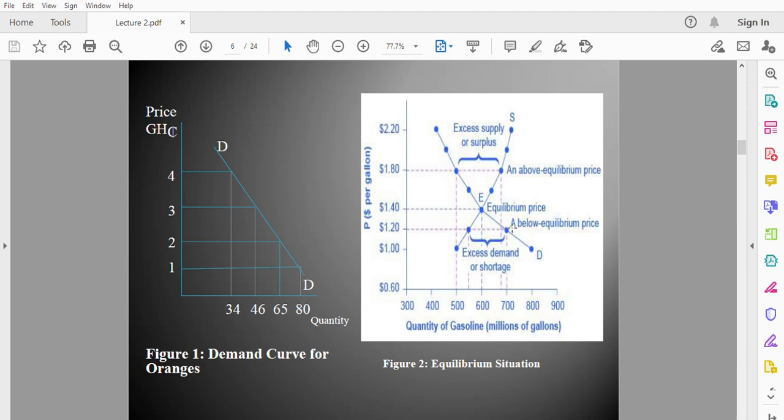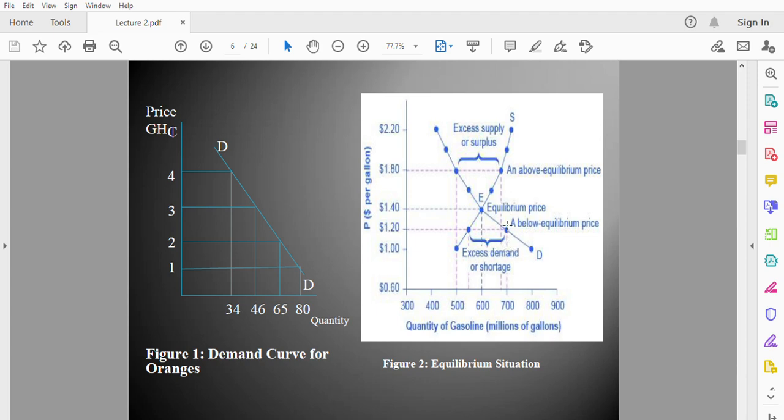Quantity demanded here is 700 at this point at price 1 cedi 20 pesos, but quantity supplied is, let's say, 550. We are demanding 700, but we have only 550 available. That creates shortage, or the demand is excess.